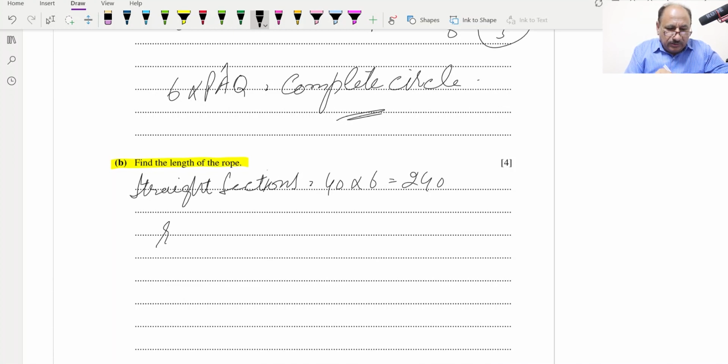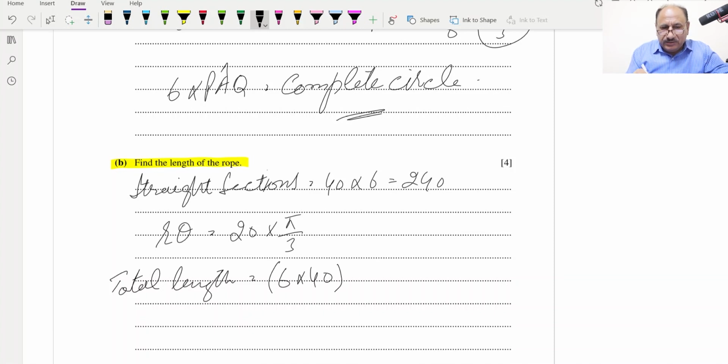And r theta we can check, r theta is equal to 20 into theta, r is the radius which is 20, and theta is pi by 3. So total length will be equal to 6 times 40, which is the straight sides, plus 6 times r theta, the arc length, 20 into pi by 3, and we can simplify this.